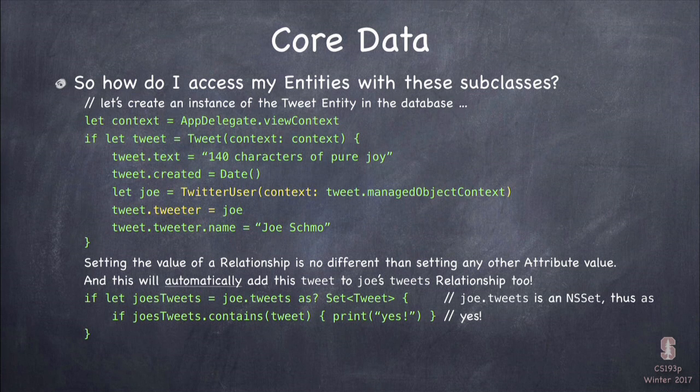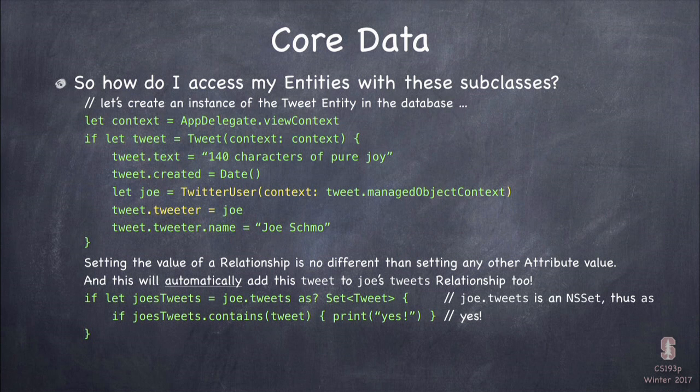So that means, for example, if I say tweet.tweeter equals Joe, then if I went over to the Joe side and say, hey, give me Joe's tweets, and I'm even going to turn it from an NS set into a Swift set of tweet, because we know that's what tweets are. Then I can say, if Joe's tweets contains that tweet, print yes, and of course it is going to print yes.